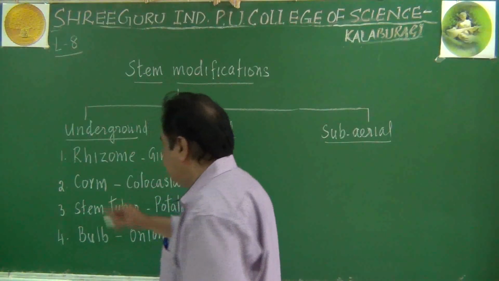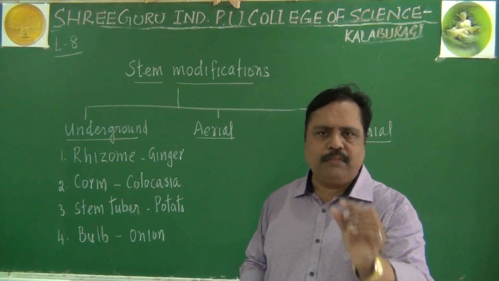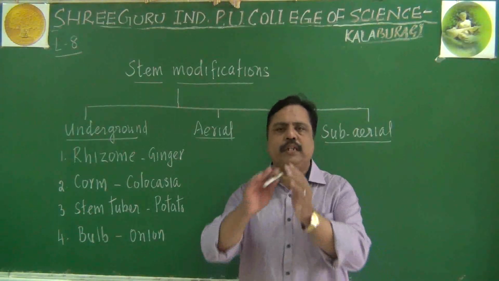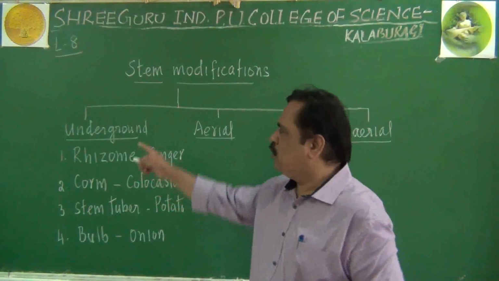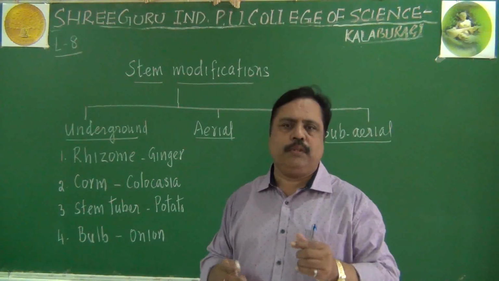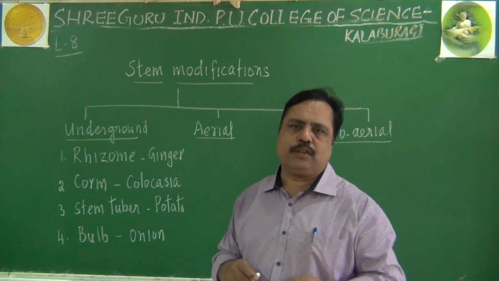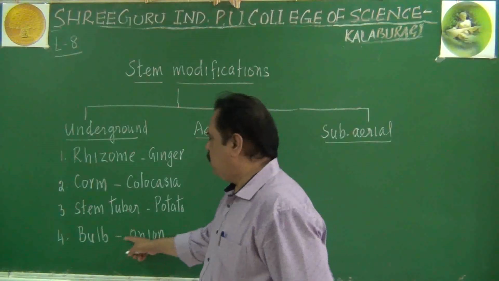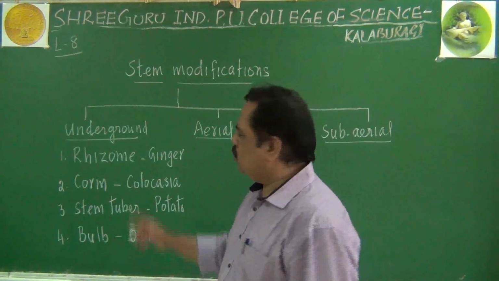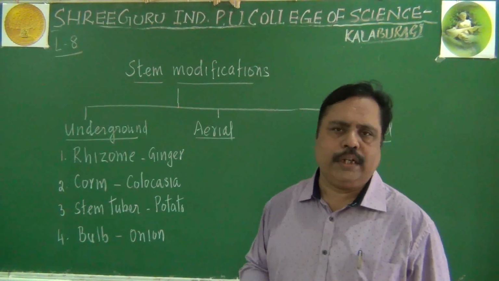In onion, the main stem is condensed into a disc-shaped structure below the ground. From that disc-shaped condensed stem, many scale leaves will arise, meant for storage. That is bulb modification. So, four types of underground stem modification you have to recall.